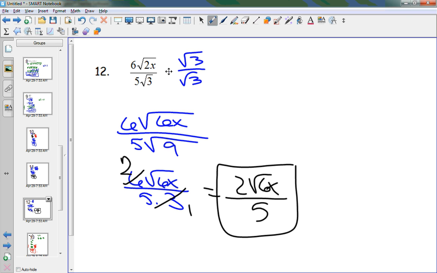When their bases are attached by multiplication. When do I subtract the exponents? When the bases are attached by division. When do I multiply the exponents? When I have a power raised to another power. Do we understand that? What's anything to the 0 power? 0 or 1? Which one is it? 1. Are we all good with that?